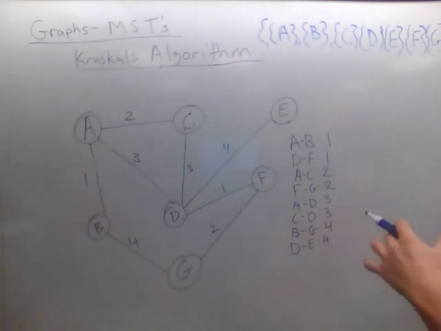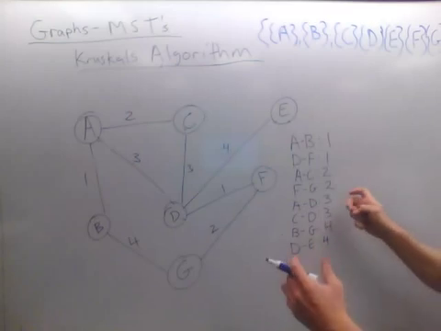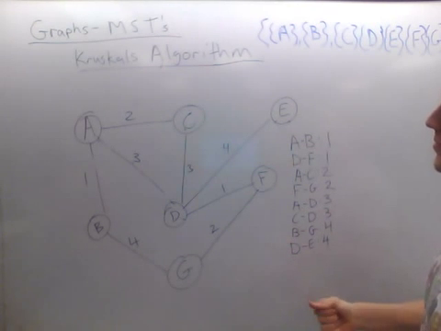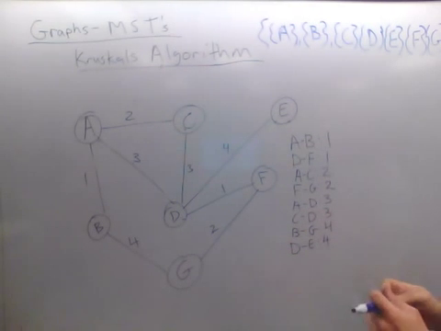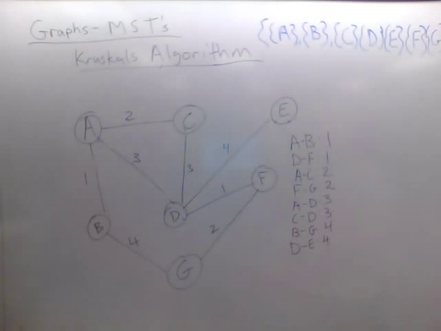So we have a big set which represents the graph, and then we're going to have a small set which represents connected components, or subtrees within the graph, subgraphs within the graph.